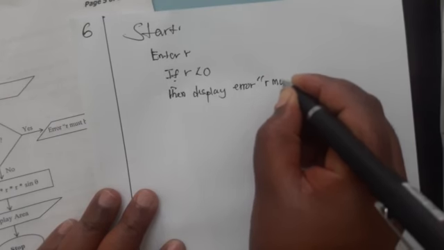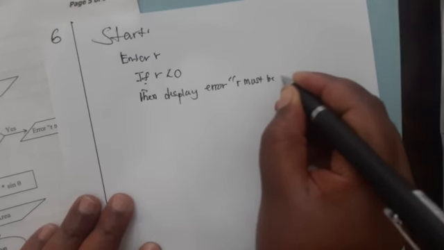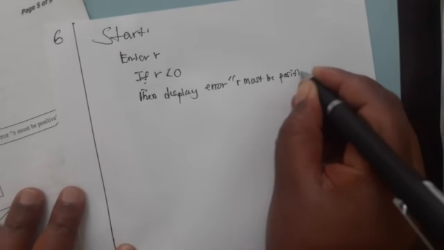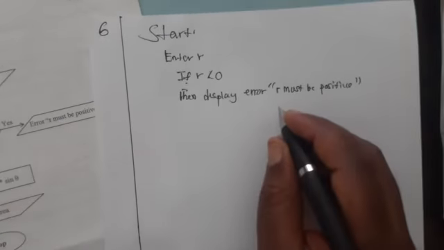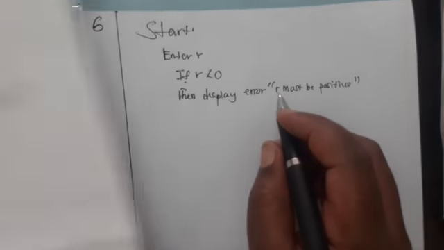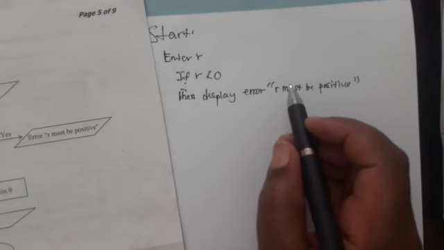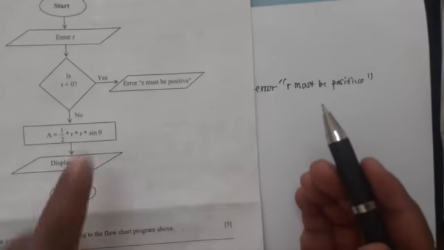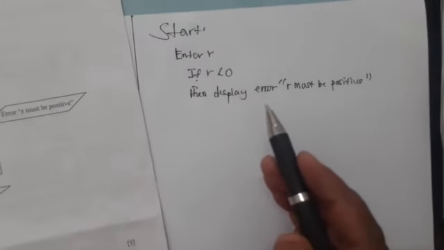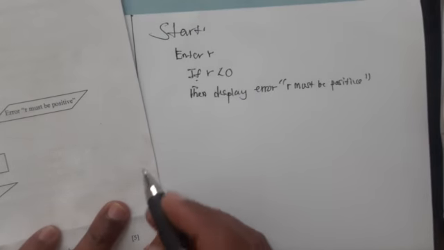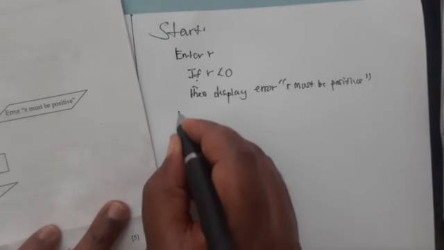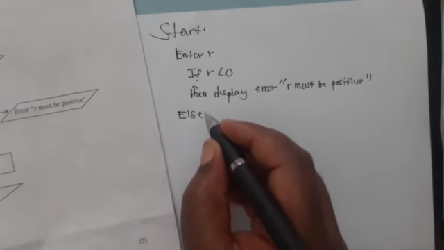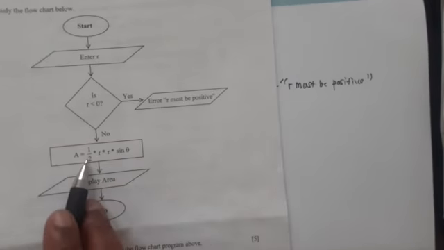R must be positive. So you display error, then R must be positive. Okay? If not, so say else. Okay, so say else what? Else we calculate the area.